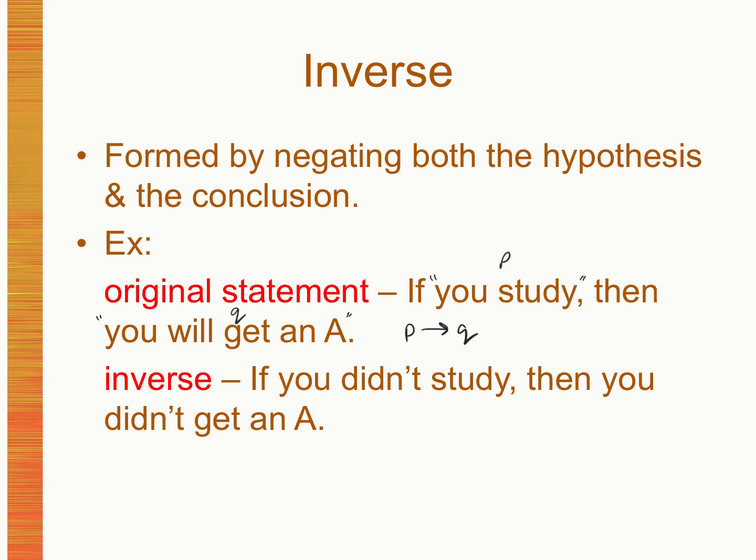The new one's going to say, if you didn't study, because that's negating it, right? Then you didn't get an A. And how we write a negation is, if not P, then not Q. The little squiggly line is the negation part of it, okay? So if you didn't study, then you didn't get an A. Again, the order from the original is still the same. It's just that you added the negation part of it.